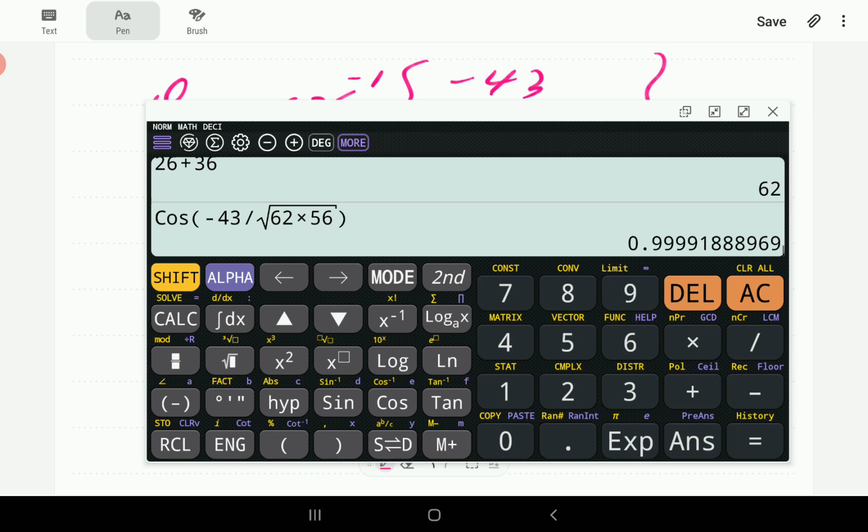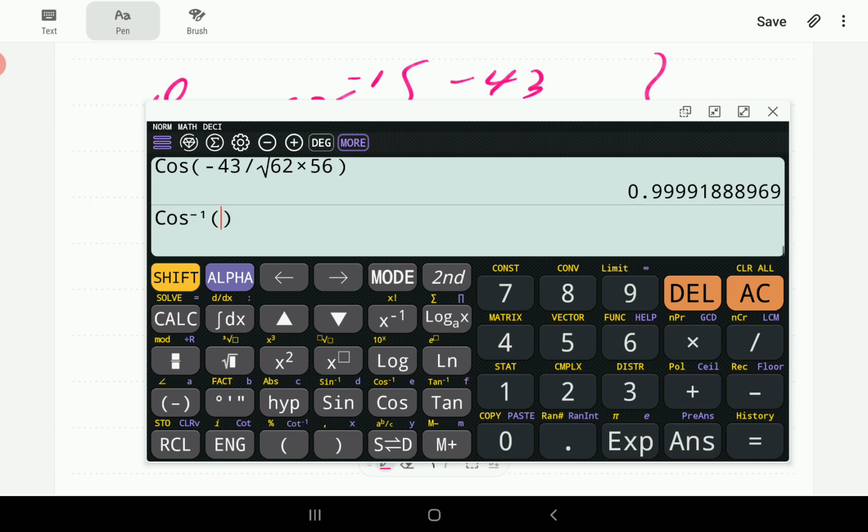Okay, we have a problem obviously because we did the cosine, not the inverse cosine. So let's do the inverse cosine. Inverse cosine of negative 43 divided by the square root of 62 times 86. Let me see.